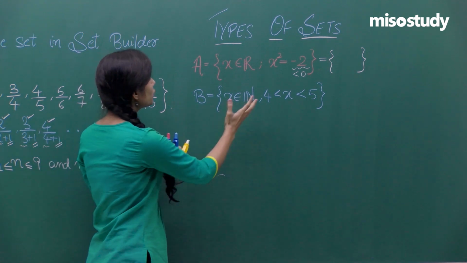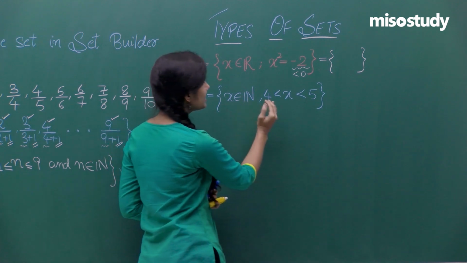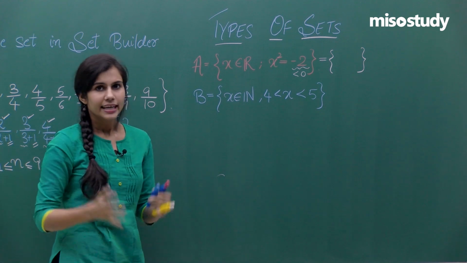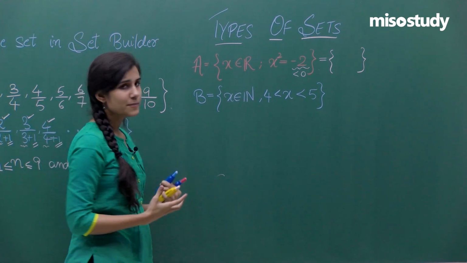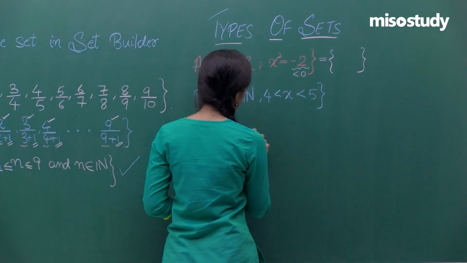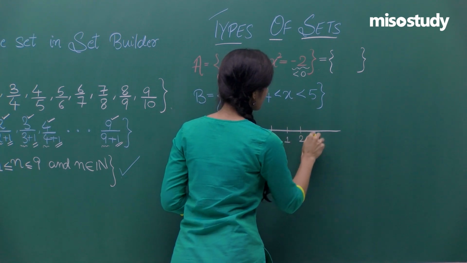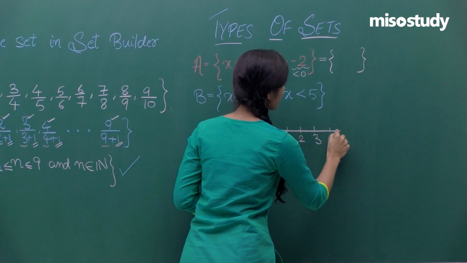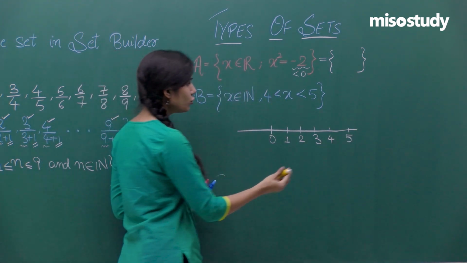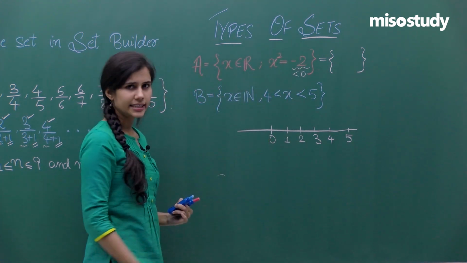The elements which would lie in set B are those natural numbers which are strictly greater than 4 and strictly less than 5. In order to understand these members, let us quickly draw a number line. The number line is this. I am not extending it. You know that the numbers to the right of 5 keep increasing and numbers to the left of 0 keep decreasing.